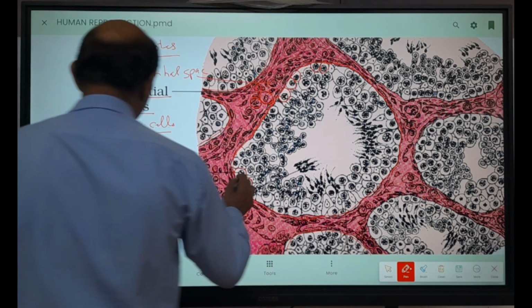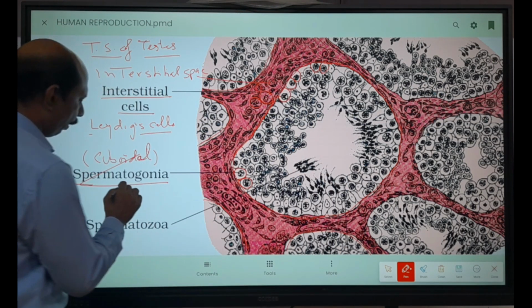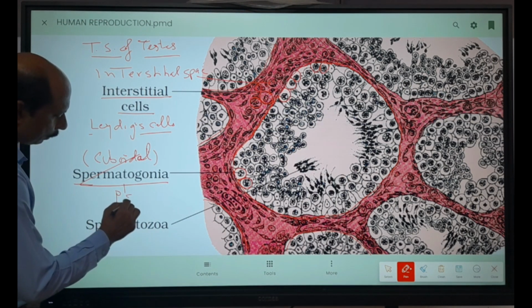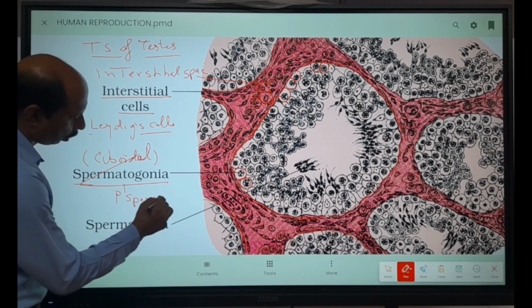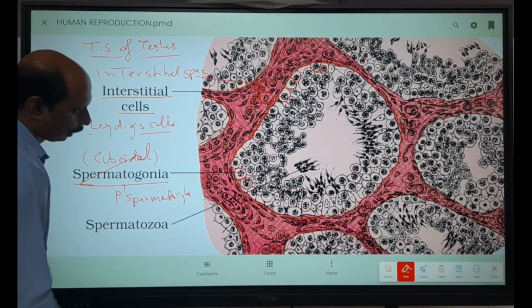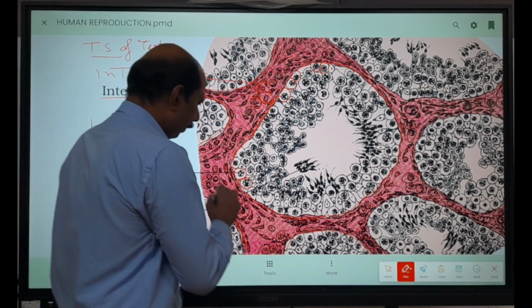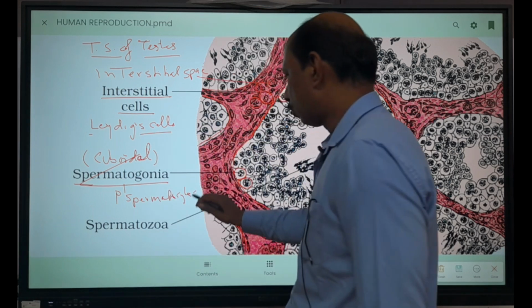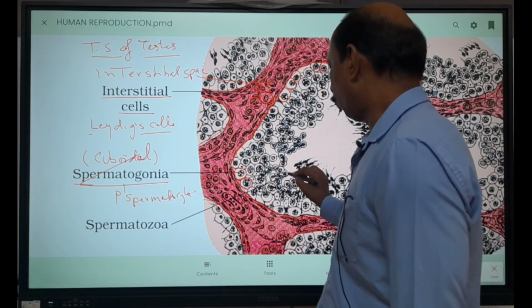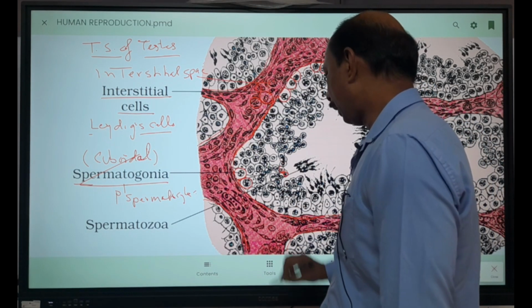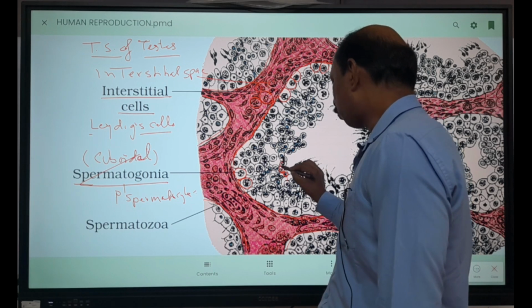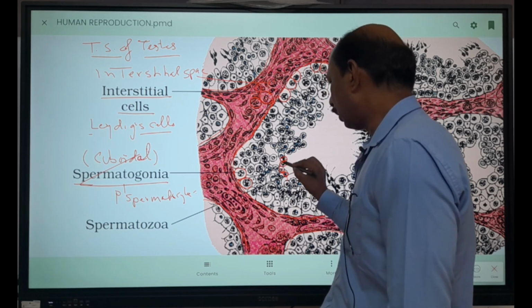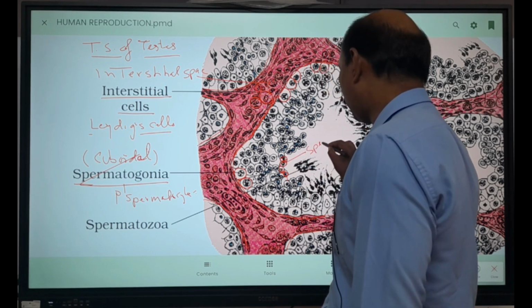So spermatogonia develop into primary spermatocytes, right? Then this primary spermatocyte divides through meiosis and forms 4 haploid cells, right? And these 4 haploid cells, which are round structures, are called spermatids.